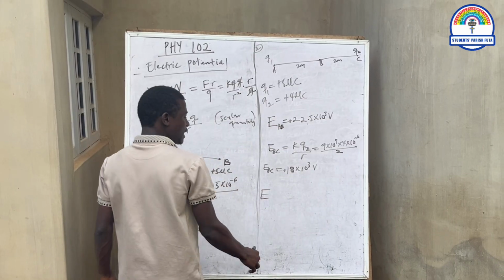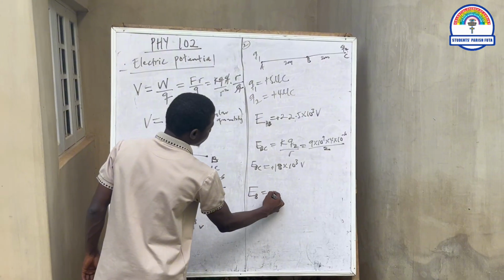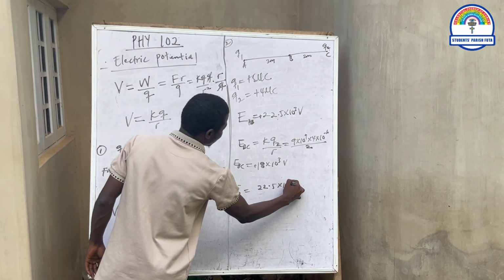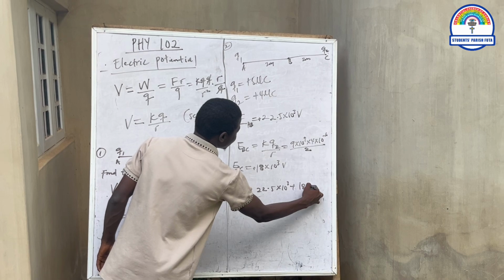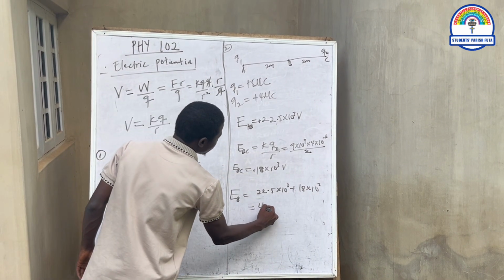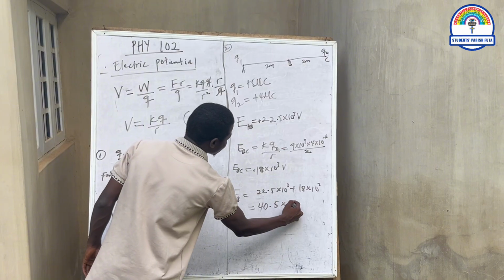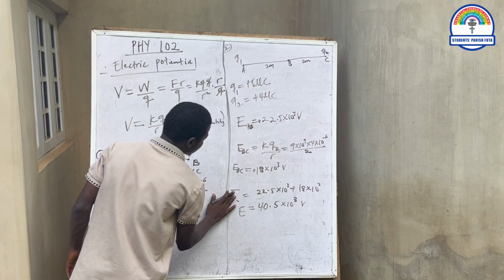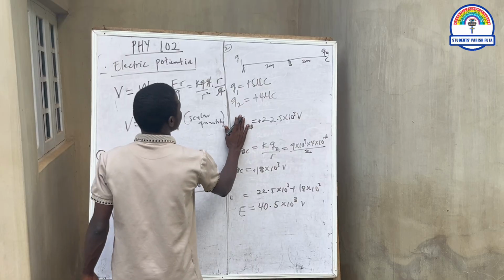So your E total at point B will be 22.5 times 10 to the power 3 plus 18 times 10 to the power 3. That would give you 40.5 times 10 to the power 3. Why am I using E?